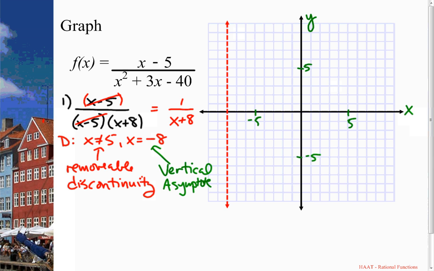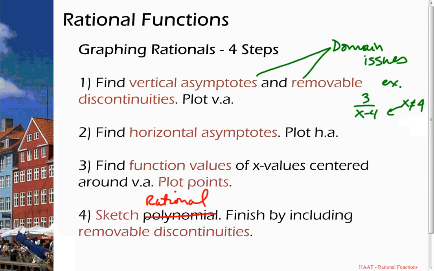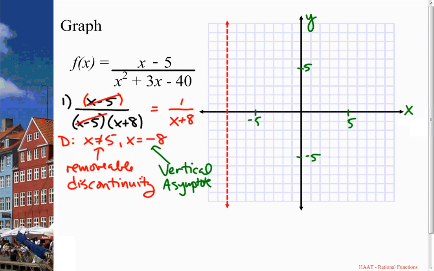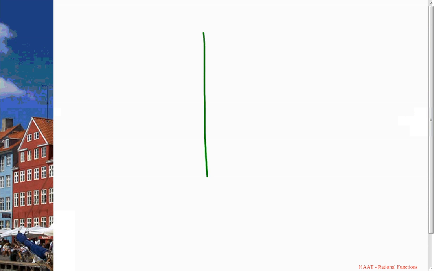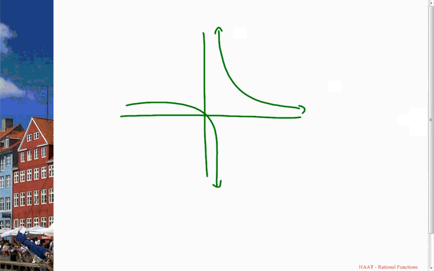Now if we go back to step 2, find the horizontal asymptotes. The horizontal asymptote is where these things are going to go, because over here on the side, I'll make a new slide quick, on purpose this time. What will end up happening is that you get things like this.